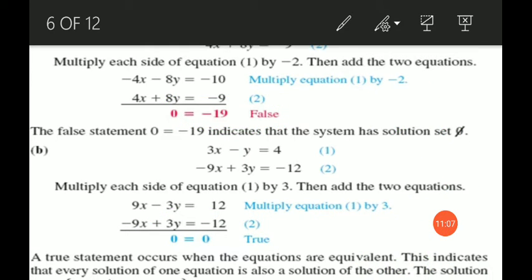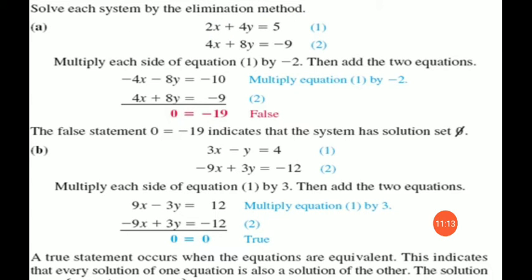Got it? False, no solution. True, many solutions. You can go through the process also, what we have done here. In the A and B parts, in the A part we are getting false and in the B part we are getting true.